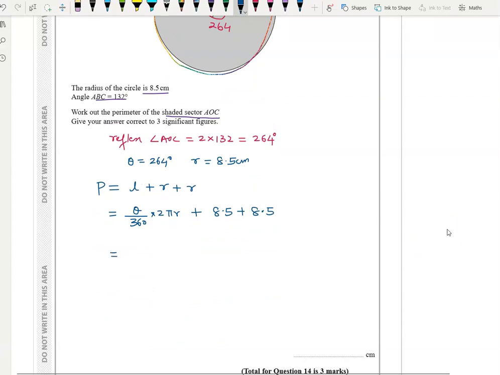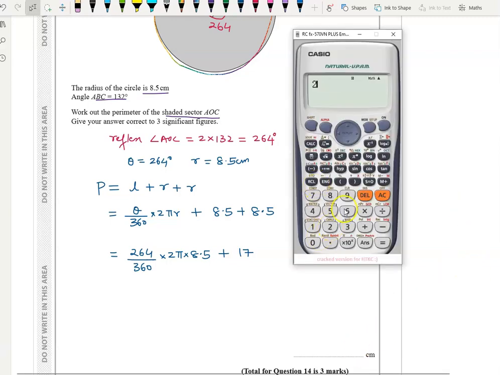Theta here is 264 out of 360 times 2 pi, radius is 8.5, plus 8.5 and 8.5 will give me 17. Let's put this in the calculator. So it is 264 over 360 times 2 times pi times 8.5, plus 17. That gives you 56.16.